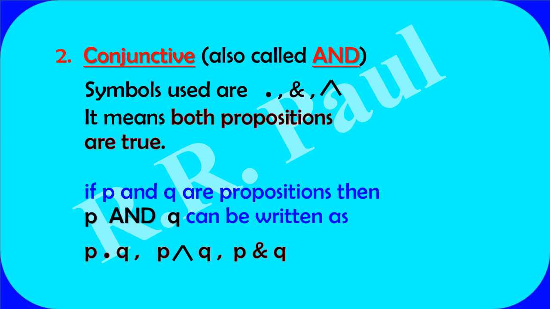And it means that both the propositions are true. Which means if P and Q are two propositions, then P and Q can be written as P dot Q or P cap type symbol Q or P ampersand Q.